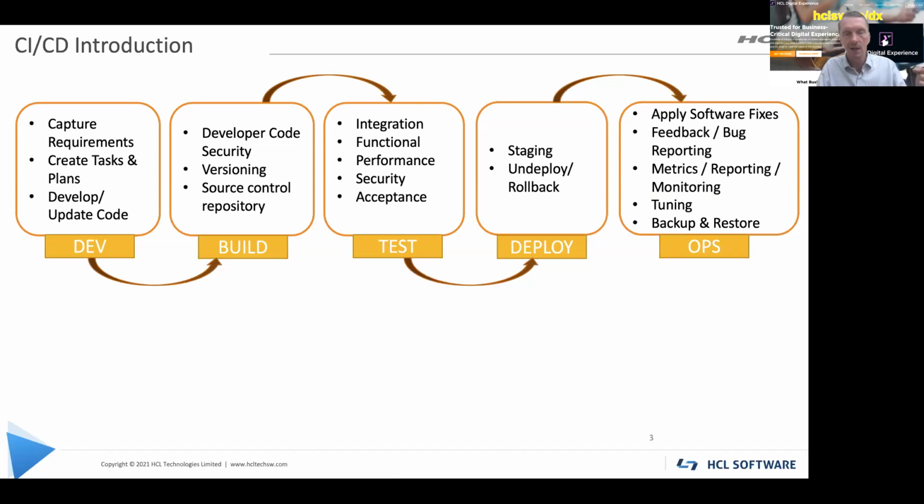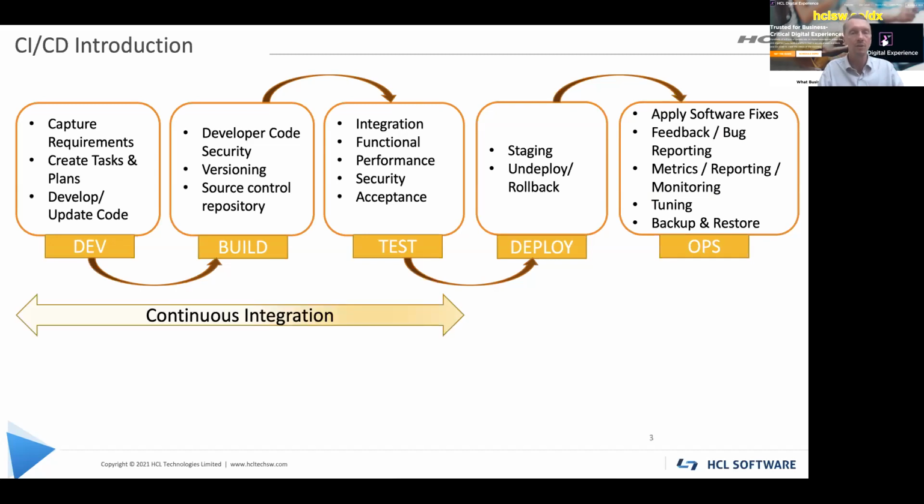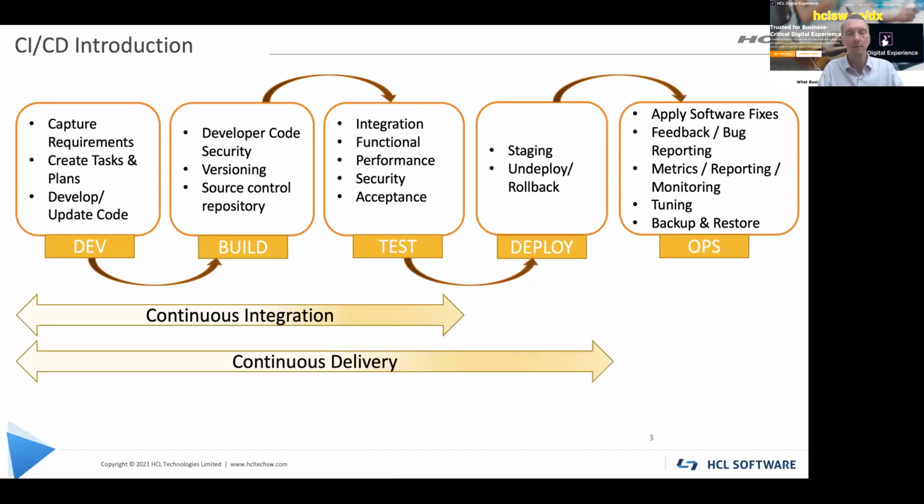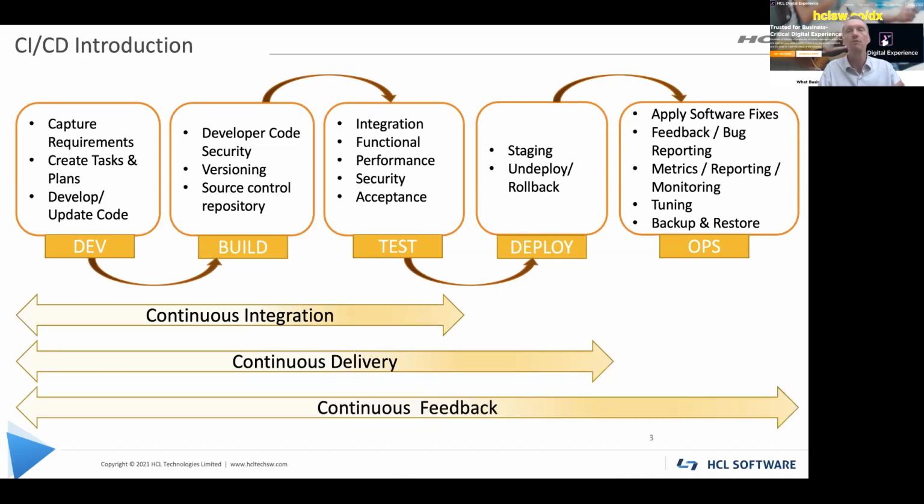And if you look at CI/CD, it's about continuous integration and continuous delivery. And actually what we also want to cover is continuous feedback. But that is not really the scope of what we have in here, even though we're going to talk a little bit about the operations.